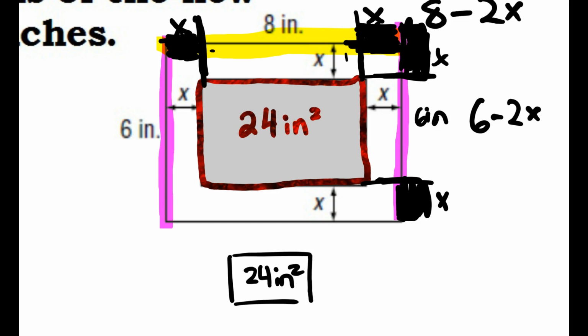This side is 8 minus 2x. The x's that I took off. This right here, the whole thing used to be 6, but I'm taking off these 2 x's right here.